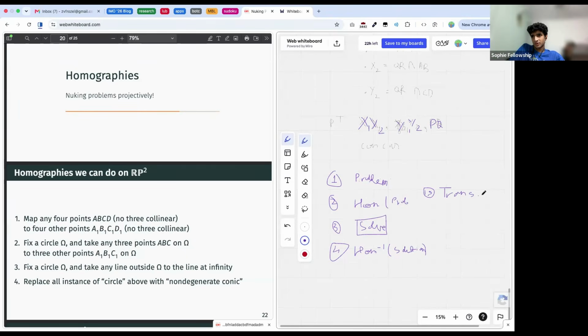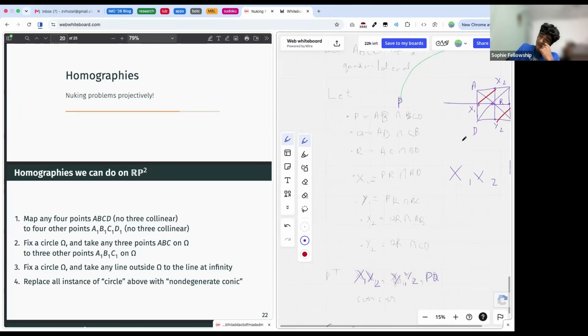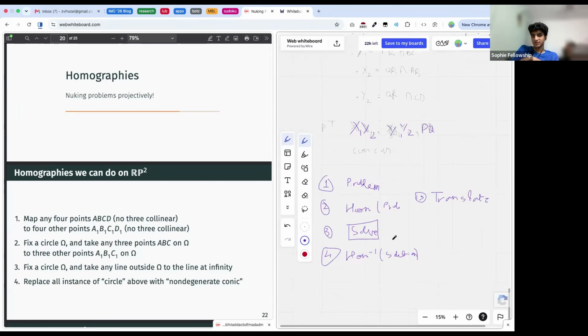The reason it's step 1.5 is because for this beautiful problem, there was no translation. Everything is completely projective. On the other hand, you'll encounter a lot of problems that are like 90% projective. So for that last 10%, we will have to do some translation, then we will be done.